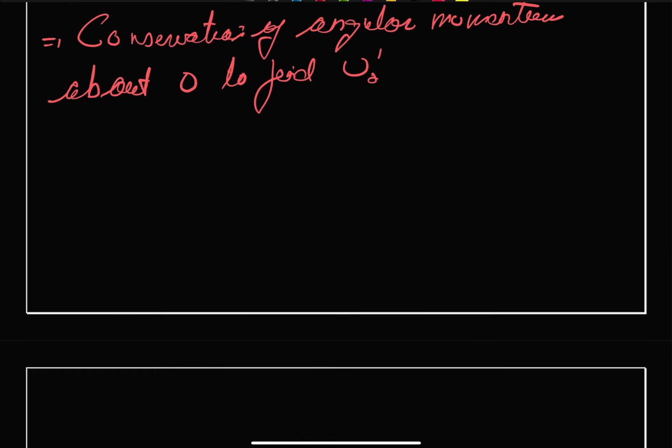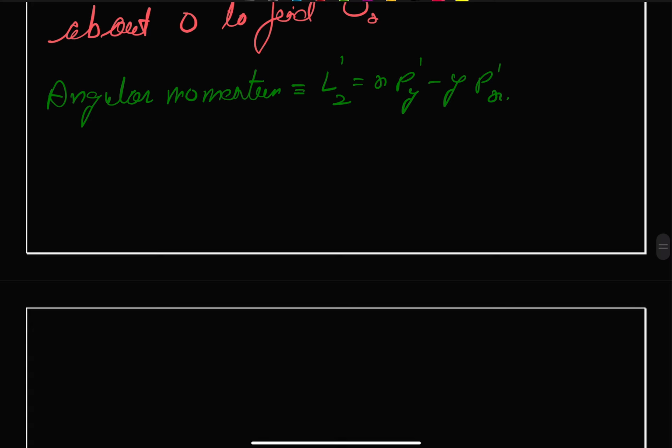And let us suppose that our angular momentum Lz prime is equal to x py prime minus y px prime, and we get this will be equal to 0.19 multiplied by m vy prime minus 0.9 m vx prime.